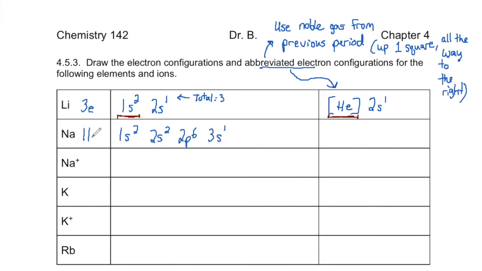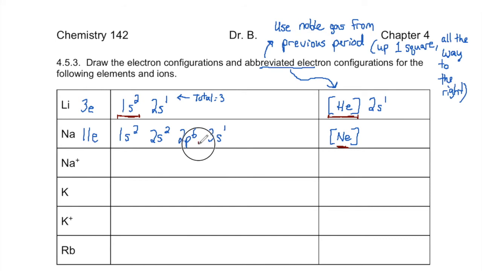For example, sodium with 11 electrons, the first 2 going to the 1s orbital, then 2 into the 2s orbital, then 6 into the 2p orbital, and then 1 into the 3s orbital. When you go 1 square up and all the way to the right, you find neon, the noble gas there.